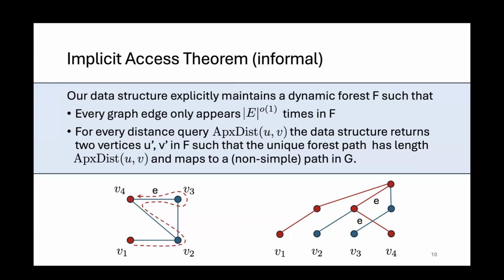Furthermore, for every distance query, approximate distance, the data structure returns two vertices in the forest, such that the forest path is an approximately shortest path, or said in different terms, witnesses the approximation that our data structure returns.